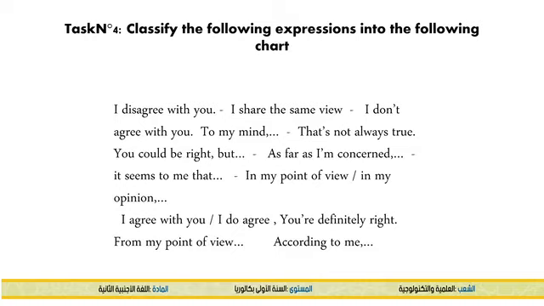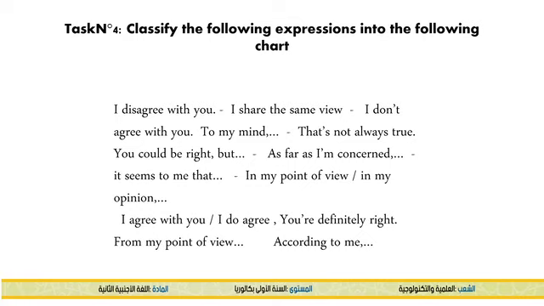So I disagree with you. I disagree with you, where can we put this expression? Is it expressing opinion? Is it expressing agreement? Or is it expressing disagreement? Okay? So I disagree with you. I share the same point, or I share the same view. I don't agree with you. To my mind, that's not always true.